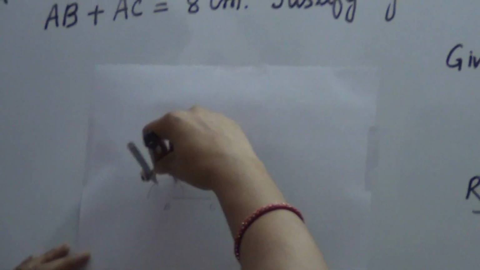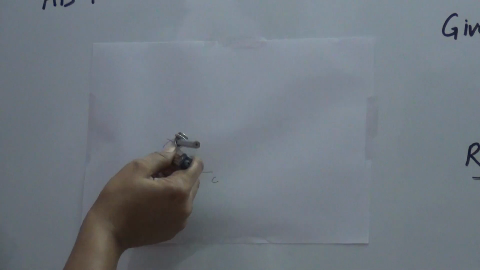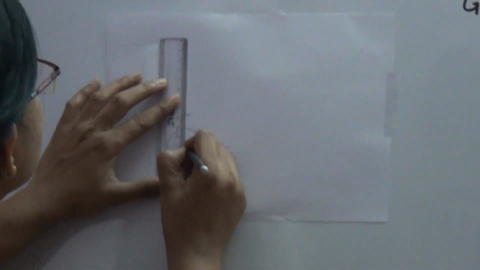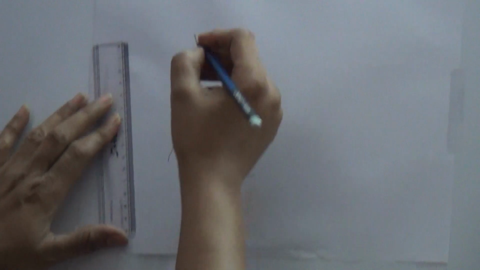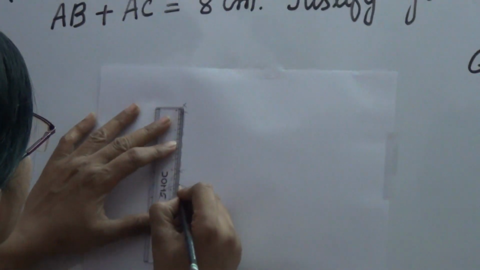Now for drawing 45 degrees, we have to draw 90 degrees first of all, and then this 90 degree angle will be bisected to get 45 degrees. Since this is not the main line of the construction, we are using dotted lines to draw this 90 degree angle. And we have to be careful about that.